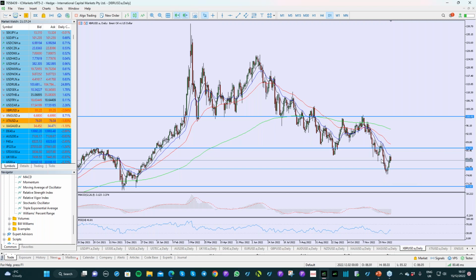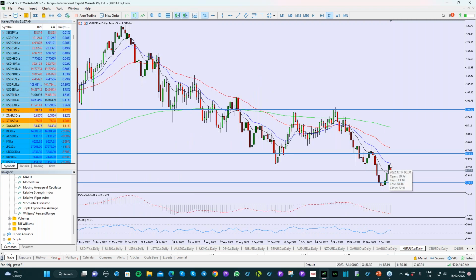What I really like is the fact that price has now pulled back up to these previous lows over here. So there's a downtrend, lower highs, lower lows. Price has pulled back to these previous lows over here, which could potentially form a small level of what was support, now potentially resistance, and therefore price pulling back to that level, also being within the area between the 10 and 20 moving averages.